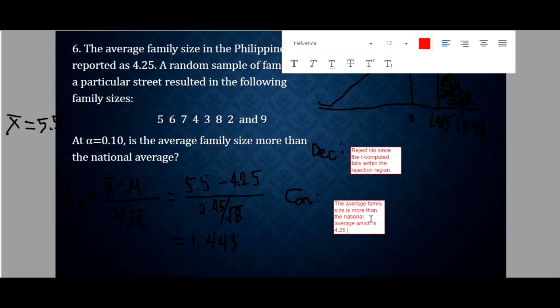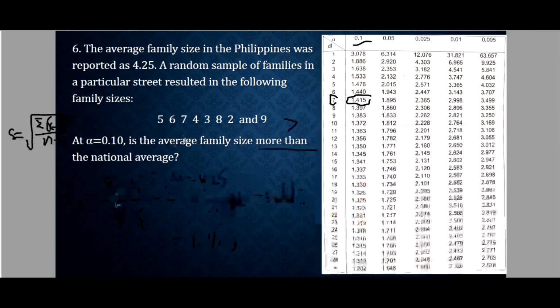Since we rejected H0, you will conclude the alternative hypothesis.